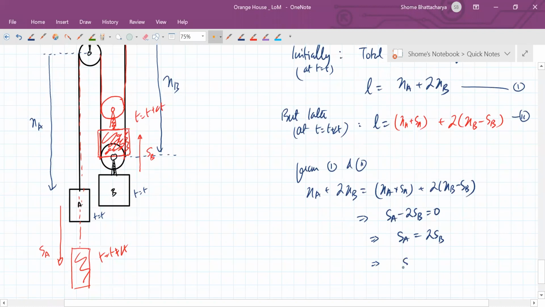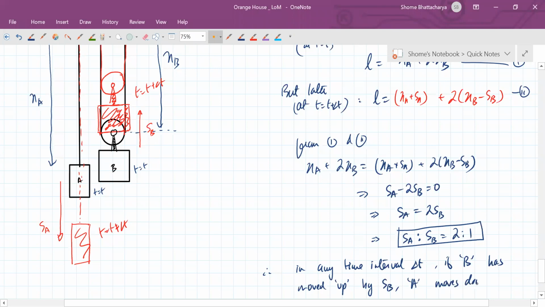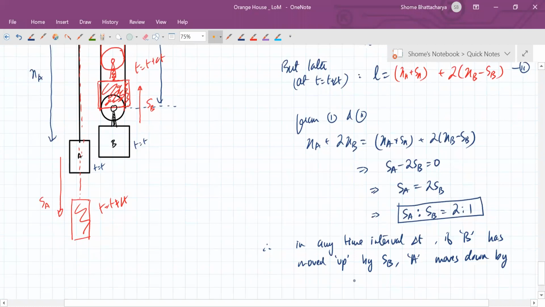So you can say that, therefore the conclusion is that in any time interval delta t, if B has moved up by SB, then A moves down by SA equal to 2 times SB. This is the so-called constraint relation.